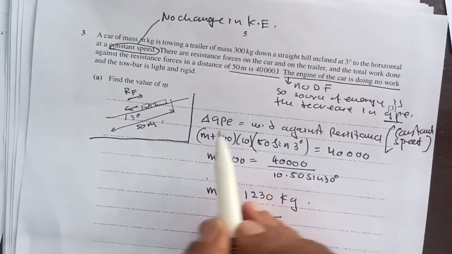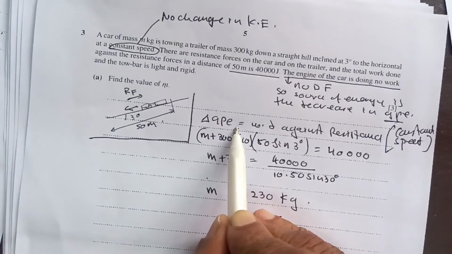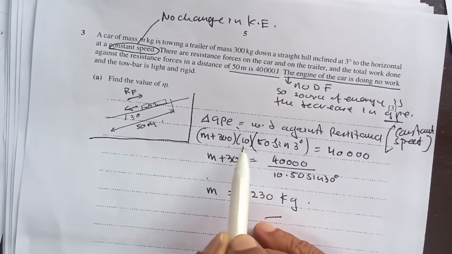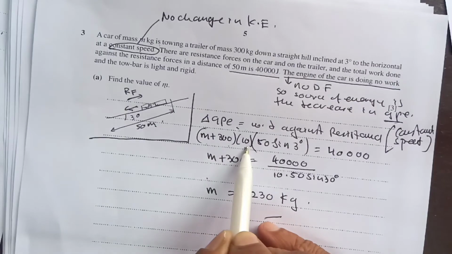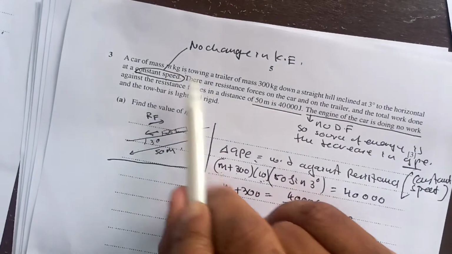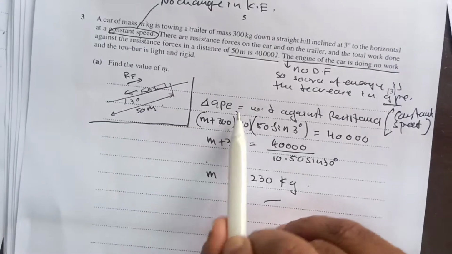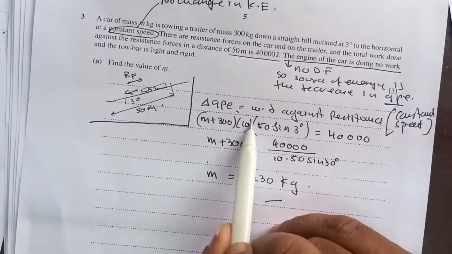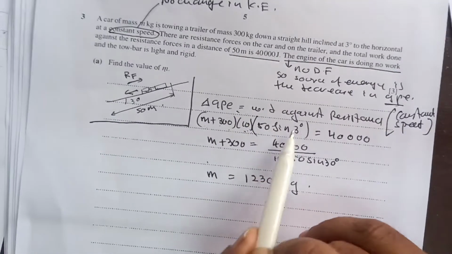Okay, so let us find the gravitational potential energy. Gravitational potential energy is mgh, where m is the mass of the car plus the mass of the trolley, times g, which is acceleration due to gravity, times h.